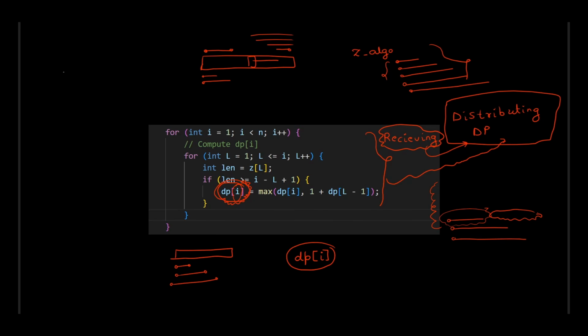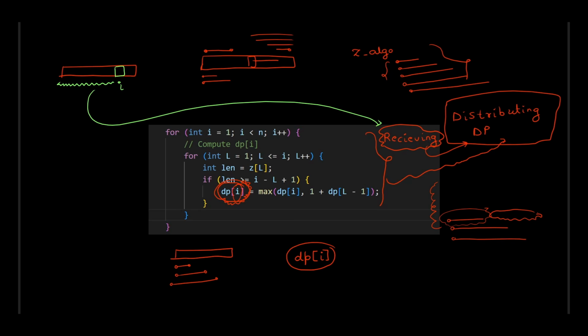Because right now, if you have this array and this is the ith element, you can see that this ith element is taking contribution from all the elements to its left. That is why it is receiving the contribution, that is why it is receiving DP.